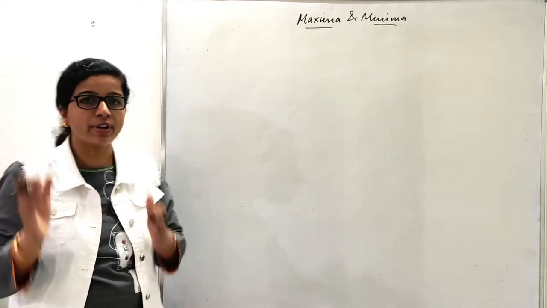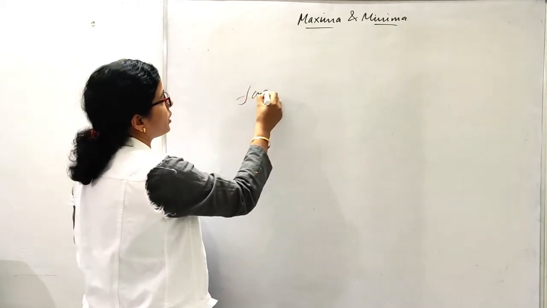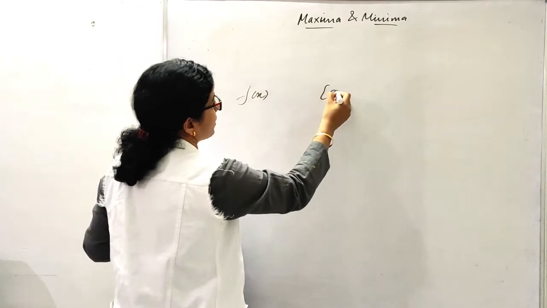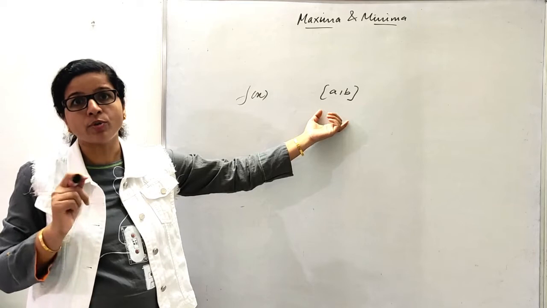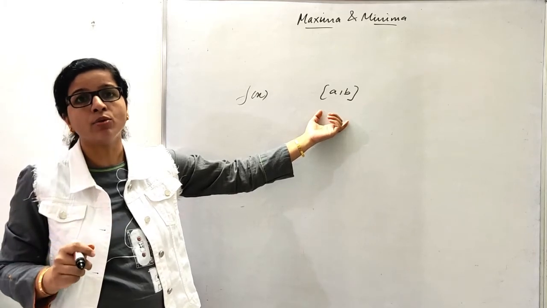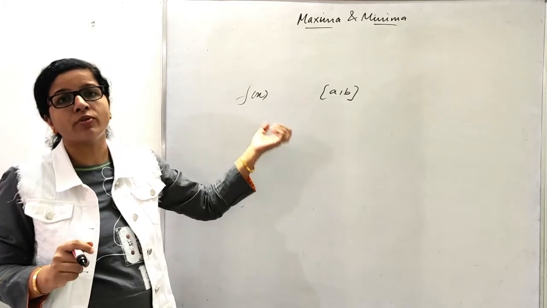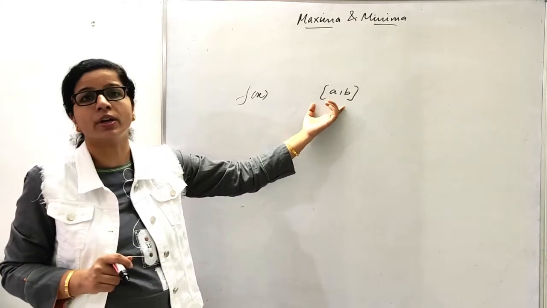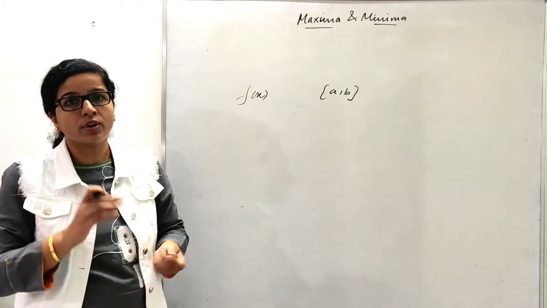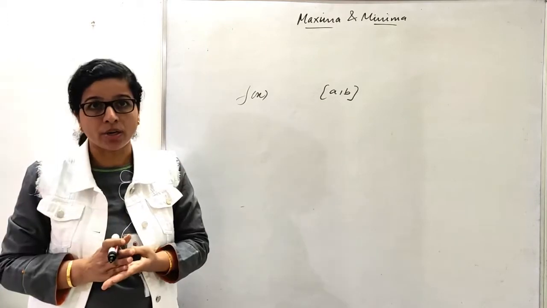However, if we have a function f(x) which is differentiable and continuous in the closed interval [a, b], then we can talk about the absolute maximum and minimum value, which we will achieve at the stationary points or at the end points of the interval. So how will we get it? First of all, we will calculate the stationary points.